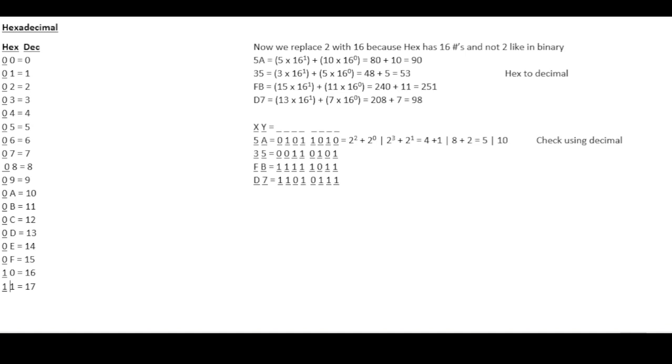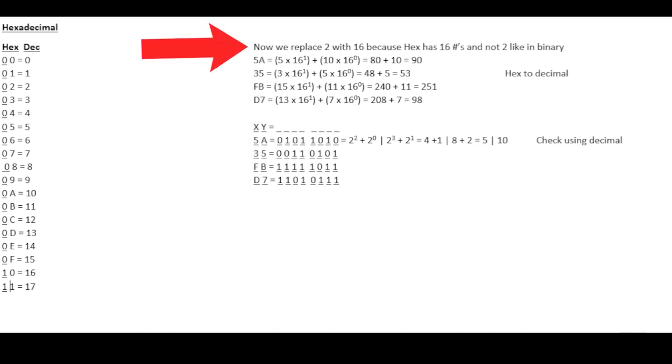The F resets to 0, but the 0 which is to the left of the F increases by a unit of 1. So that 10 in hexadecimal is not 10 in decimal. That 10 in hexadecimal is 16. And then you keep increasing the least significant number by one increment of 1 unit, and 11 would be 17, 12 would be 18, and so forth.